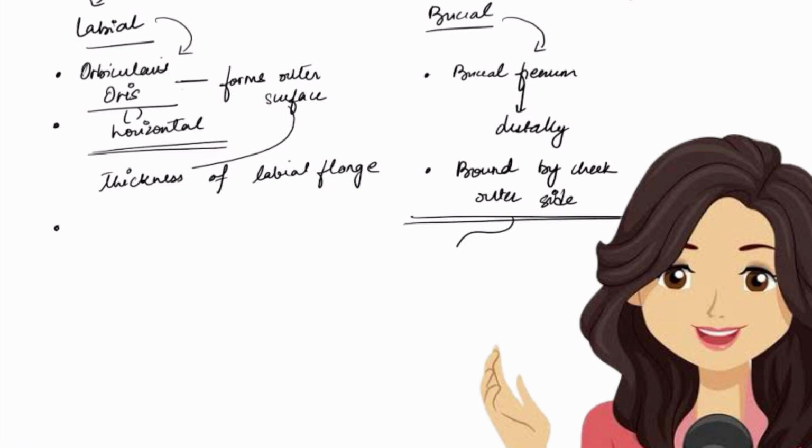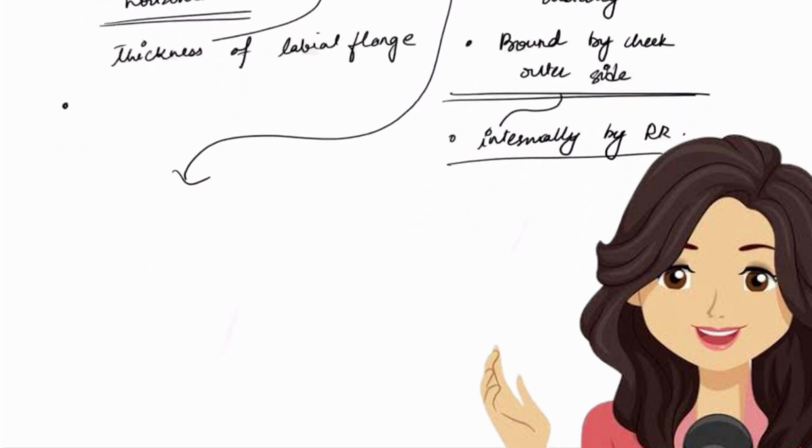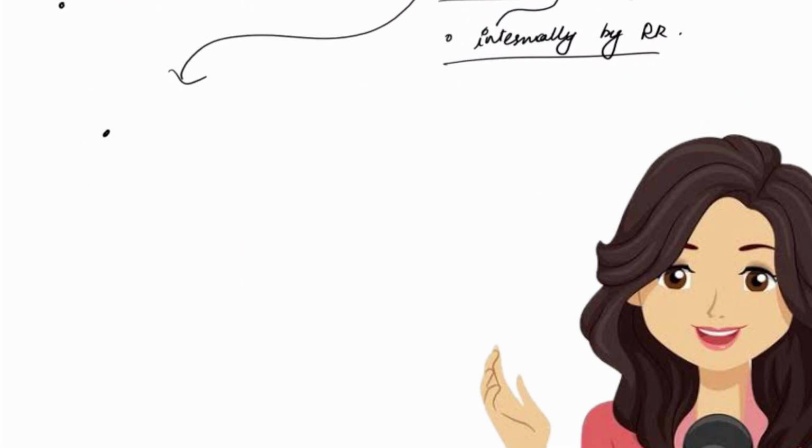Right? It is bound by the cheek on the outer side and internally by your residual alveolar ridge. Here also, if we see our buccal frenum, I'll write it down at this place. A very important point is the thickness of the flange of the denture.